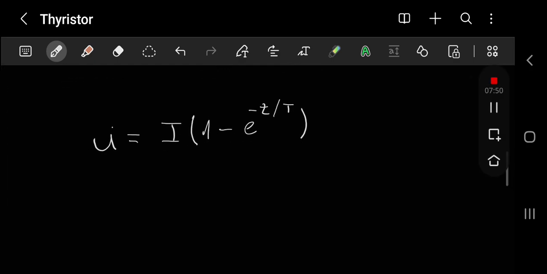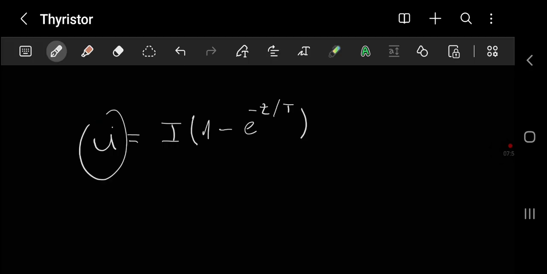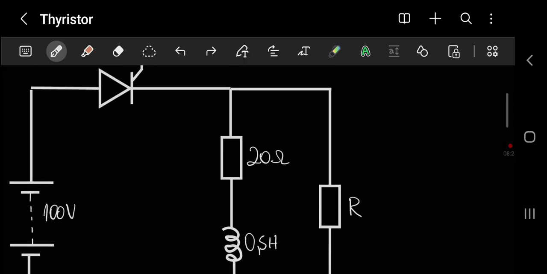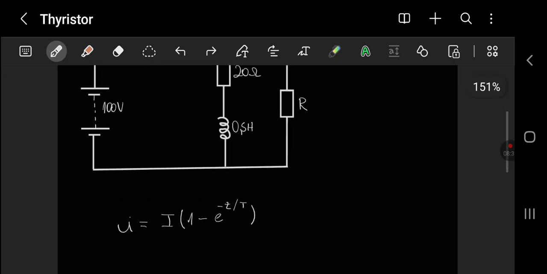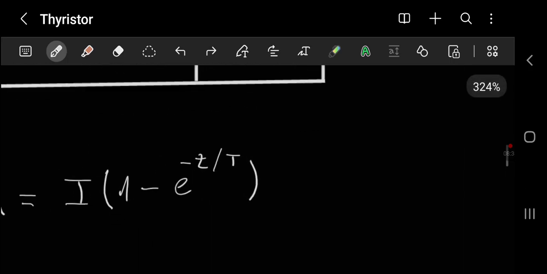So I is the current of the thyristor at a time t, and this big one is the current when we divide the value of the source of 100 volts by this 20 ohm resistor.